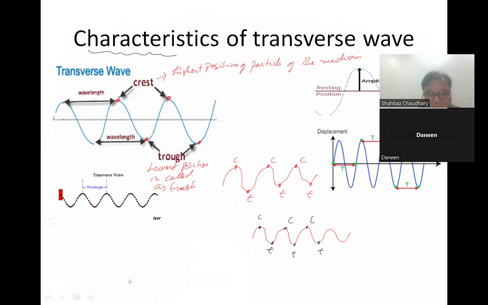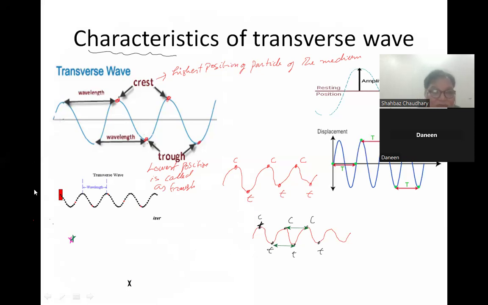Okay, now look. I want to change the color. Green. Look, this is the distance between two crests. This is the distance between two troughs. Both are the same.